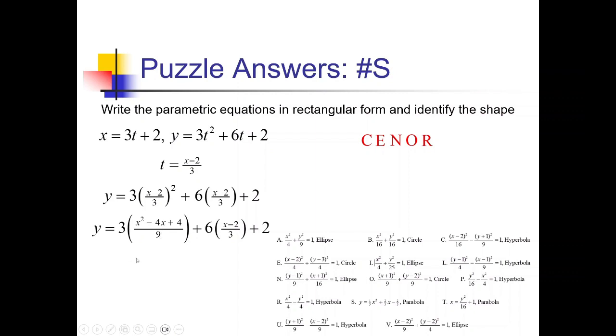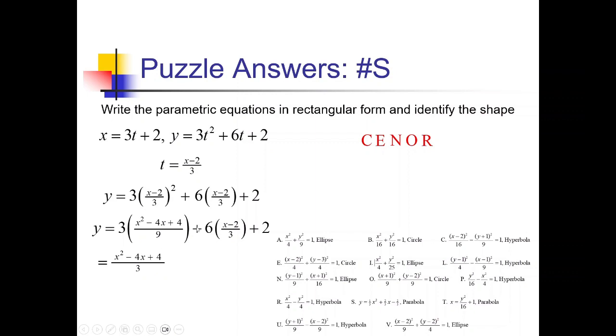Next up, I'm going to be a little bit tricksy about how I do this. I'm going to end up with fractions, so I want to make sure that at the end of this next step I have a common denominator. So what I can do on my first fraction is I can reduce this 3 and this 9 to give me a 3 in the denominator. And then I'll just leave the stuff that was already up there. So we have x squared minus 4x plus 4. That doesn't change.